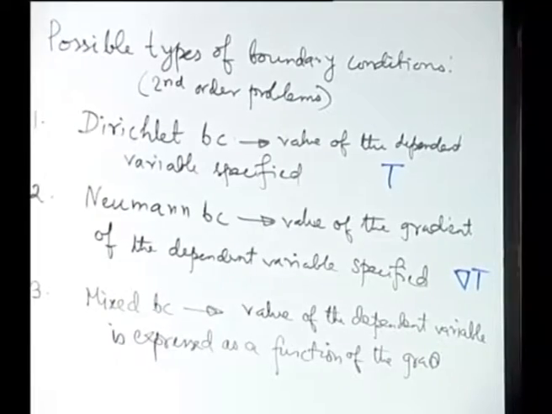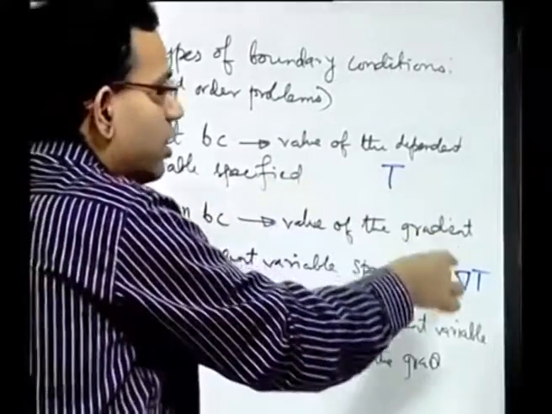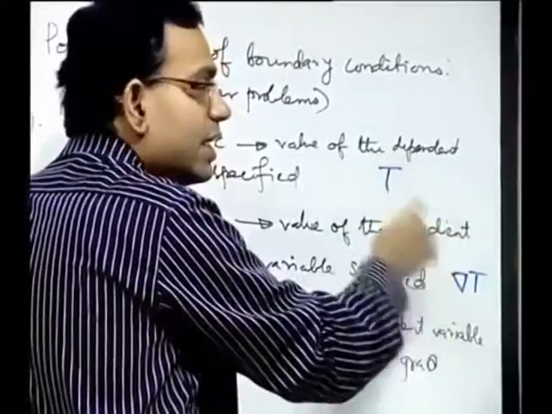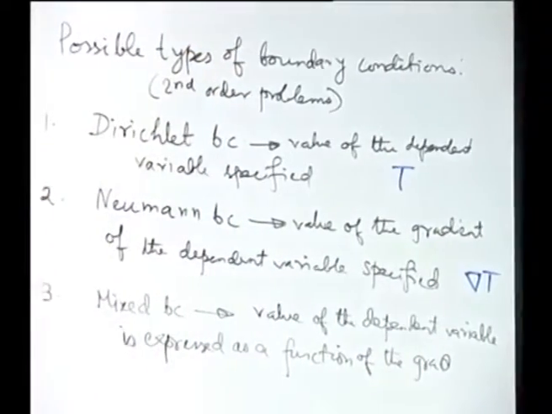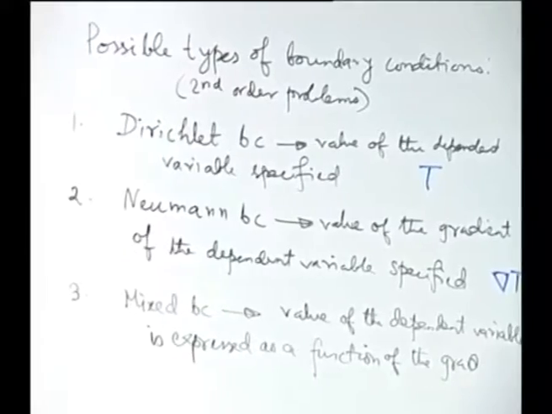So it is mixed because neither the value is specified nor the gradient is specified, but one is specified as a function of the other. Classical example is the convective heat transfer boundary condition.